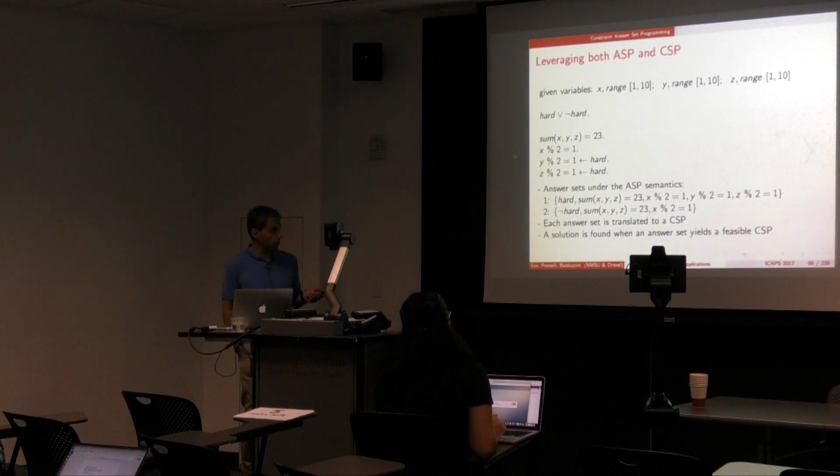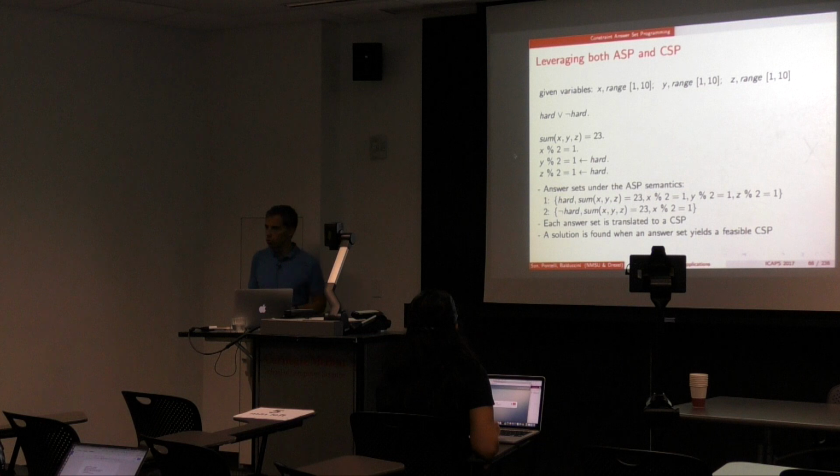Okay, so we have two different answer sets, two views of the world in a sense, very ASP style. Now, because these parts on the right of the answer sets encode constraints, we can view them as constraint satisfaction problems, and we can solve them, right? So each of these answer sets can be translated into a CSP.